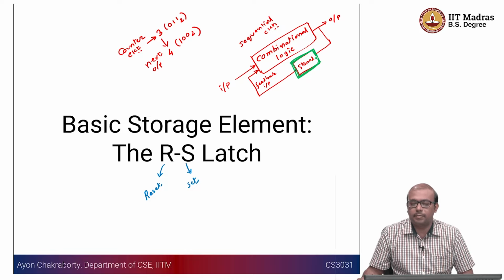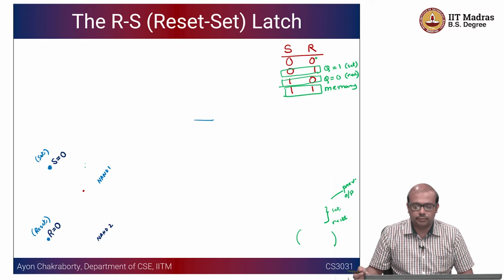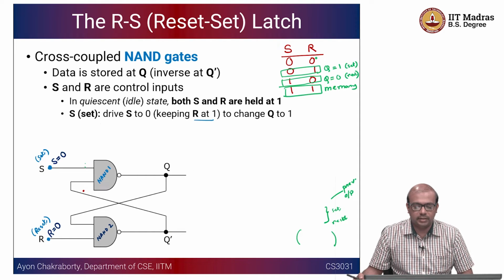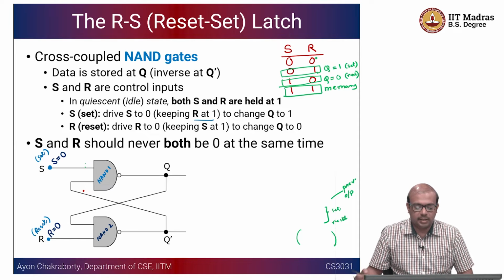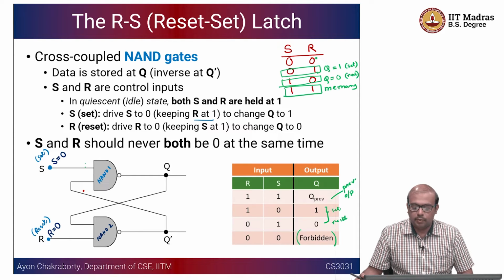So we needed a controlled mechanism, and the RS latch was the first one, right. I'll not go into details of this because we have already covered it in the last class. This was a set of cross coupled NAND gates, and if we quickly look at the truth table, they have 4 possible sets of inputs for reset and set. R and S stand for reset and set.